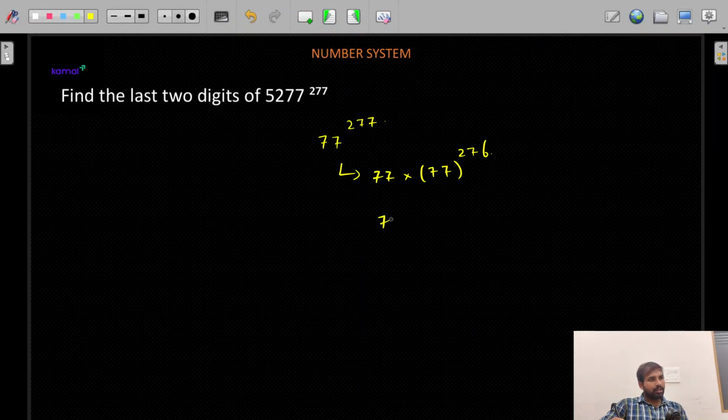Eventually it will become 77 into 77 power 4 whole power 69. Okay, I have to find the last two digits for this 77 power 4.